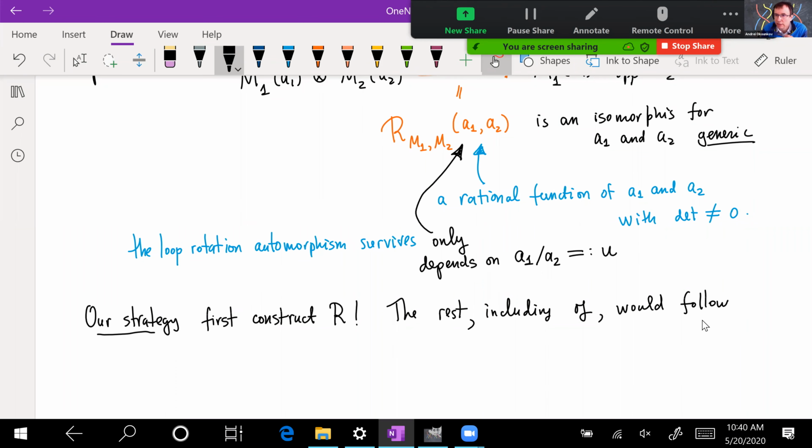But in reality, what we will take is the opposite road. We will first start with this co-commutation relation that's given by some matrix, which we'll construct geometrically. This will be done geometrically.